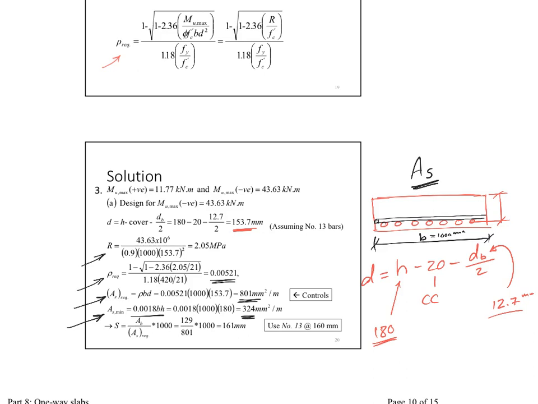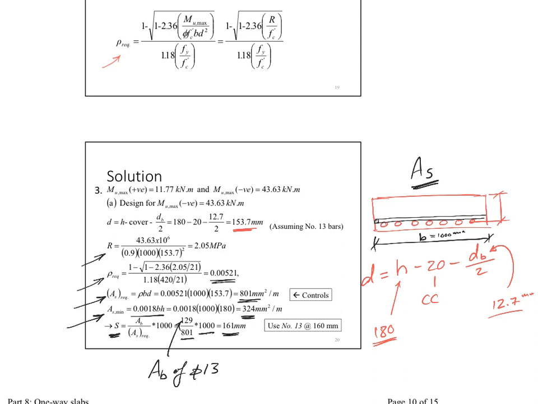And then I can go to the slab table and find the area steel right away. Or I can go with calculating the S from the equation we talked about, area bar, which is the phi 13 area bar. This is area of phi 13 divided by 801 times 1000, which is the distance that gave 161.